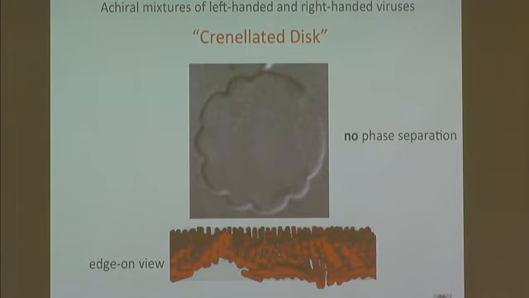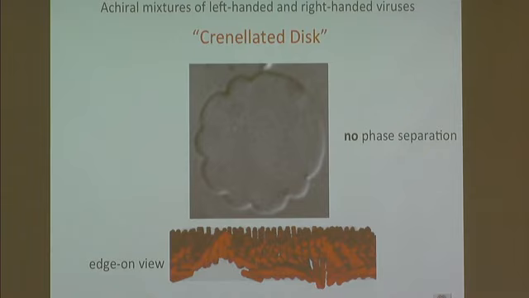There's no phase separation. So if you fluorescently label these two different types of FD virus floating around here, you will find that the left- and right-handed have mixed. But interestingly, it almost looks like a rippling, like we were talking about a moment ago in the ripple disks. Remember, the ripple disks were just a particular chirality.